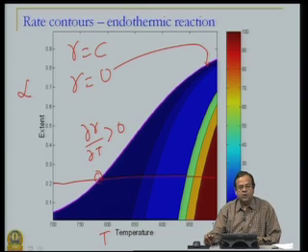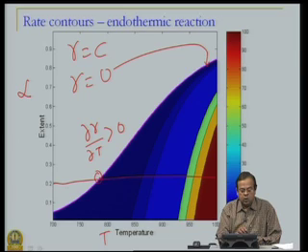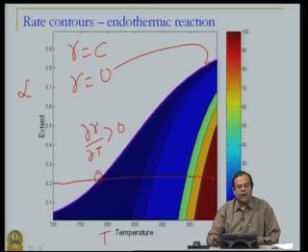And what does that mean in terms of these contours? For a given value of alpha, as we are increasing temperature, as delta T is positive, delta R is also positive. That means the reaction rate will continuously increase, and this is what happens when you have endothermic reactions.